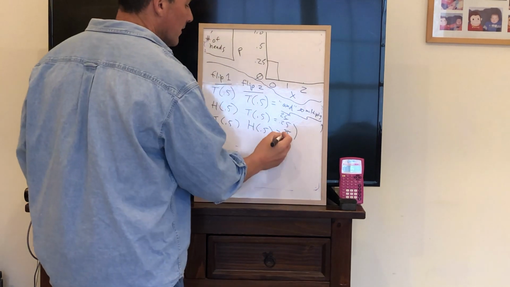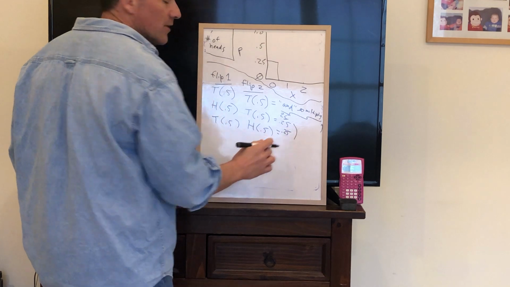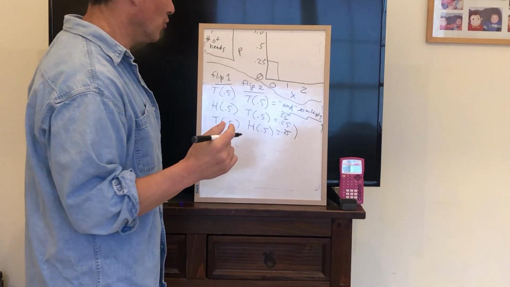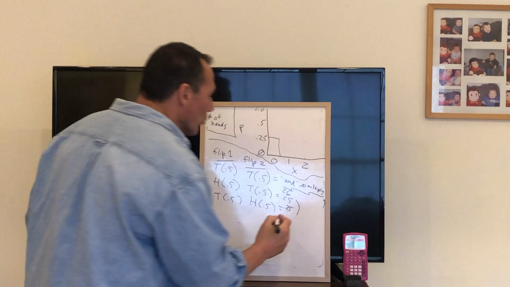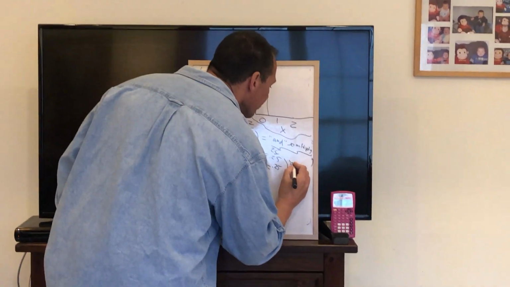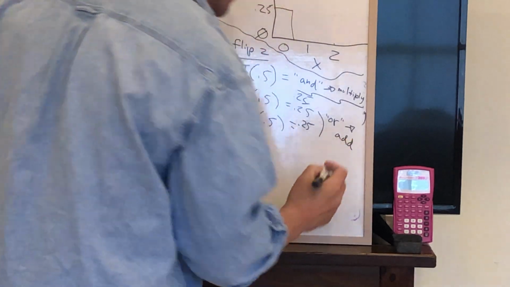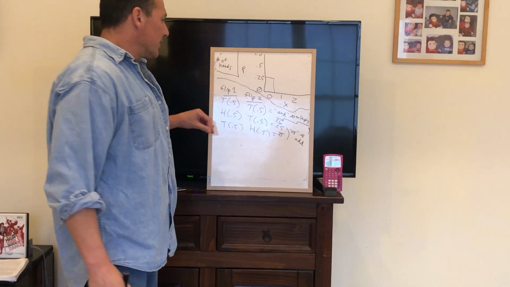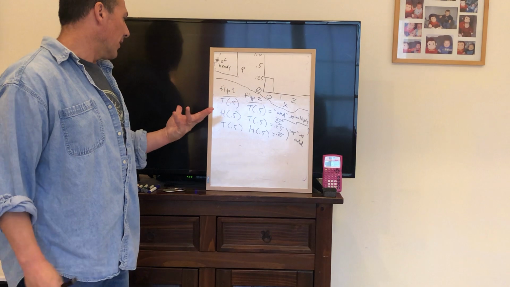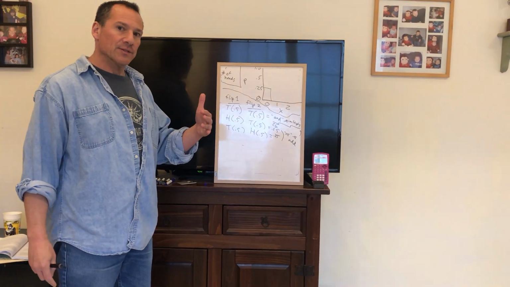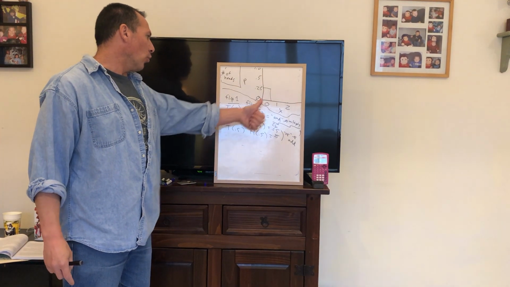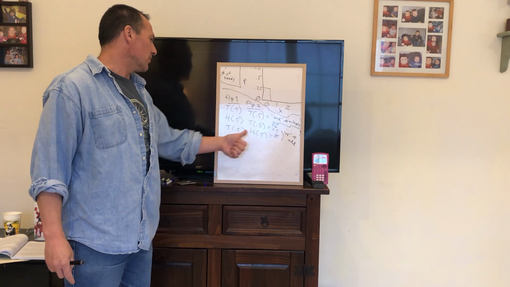Now, here's another little probabilistic rule, which is the word or corresponds to add. Because it's more inclusive, right? There's more ways that I could get 1 head than I could get 0.